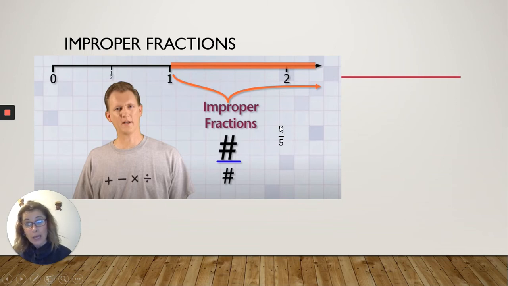We learned in the previous slide that 5/5 was equal to 1 whole, but here you have 9/5. So this is improper, because you are going to need more than 1 whole. That's why improper fractions are located here in the red part, where it is more than 1 whole. Improper fractions.